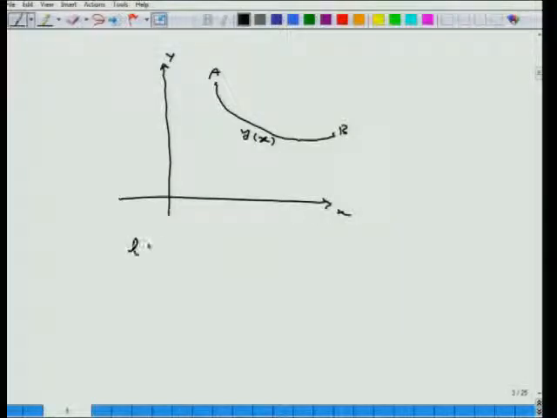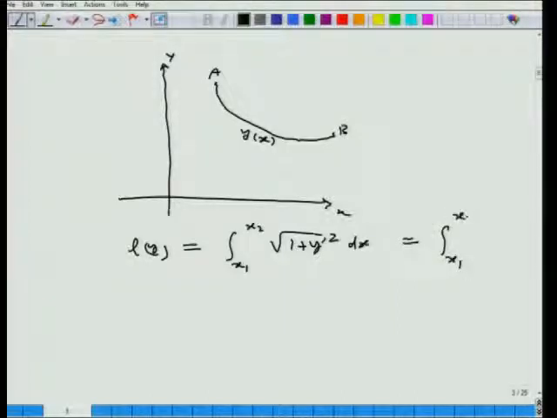We know that the length of this curve is given by the integral from x1 to x2 of square root of 1 plus y prime square dx, which is again the integral from x1 to x2 of ds. So, again here ds is the element of length in terms of arc length s. So, it is the integration of this element length from x1 to x2, where this point is x1, y1 and this point is x2, y2.